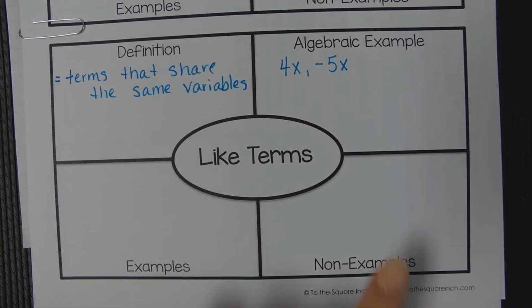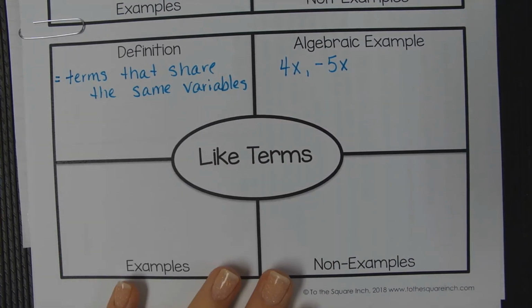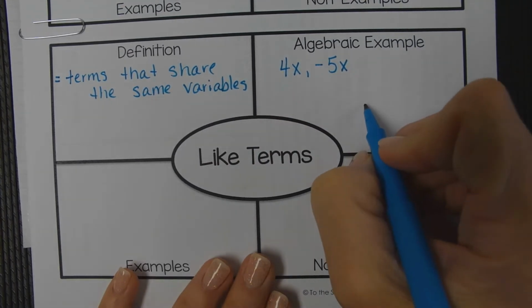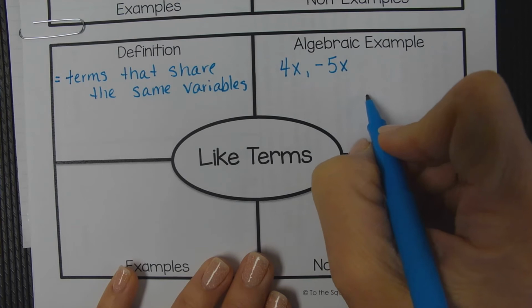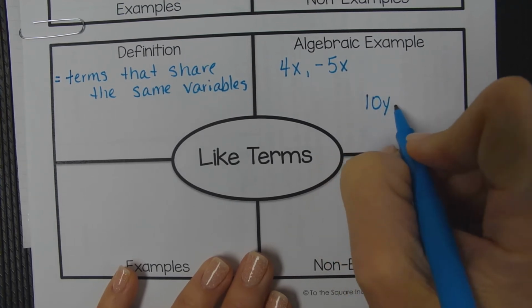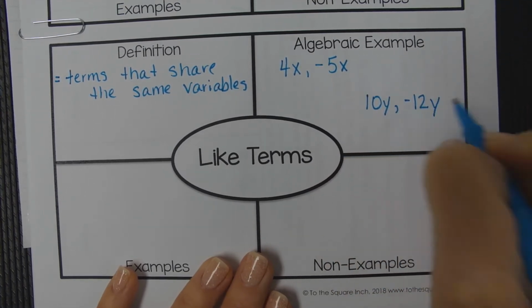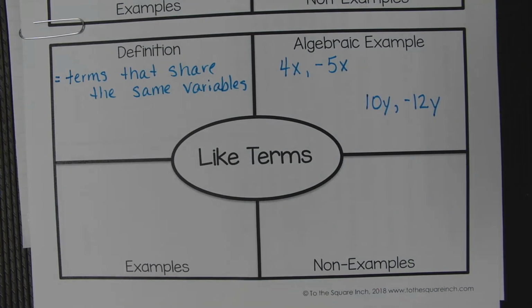An algebraic example is 4x and negative 5x. You can have 10y and negative 12y. Those are like terms because they all have the same variable.